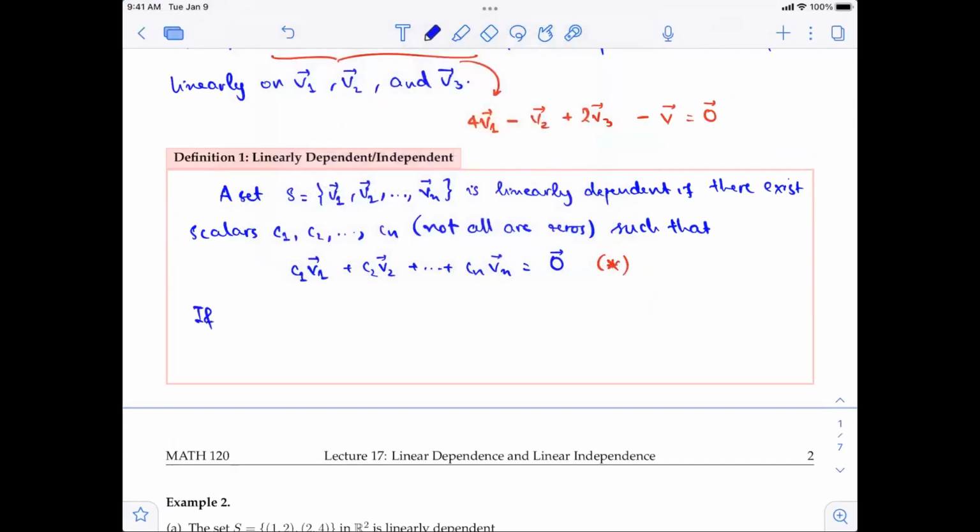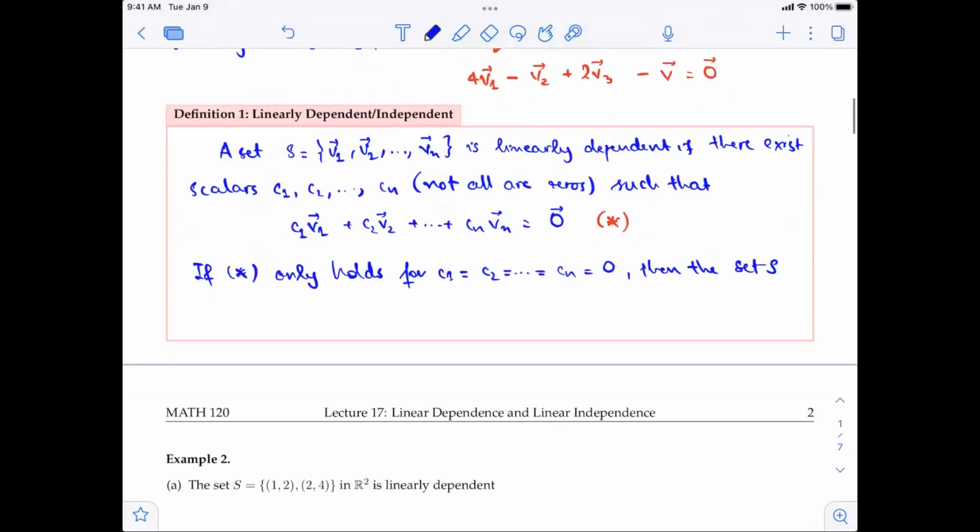So if star only holds for C1 equal to C2 equal to Cn equal to 0, if all of these scalars are 0, then the set S is linearly independent.